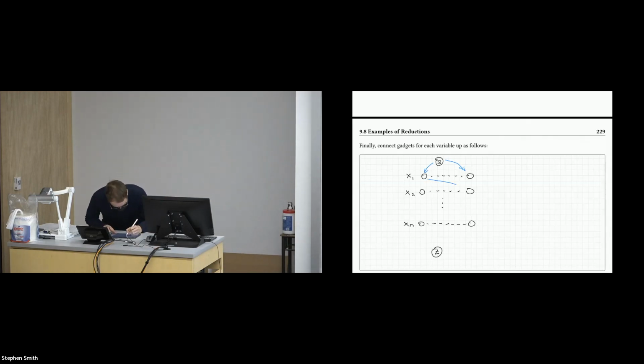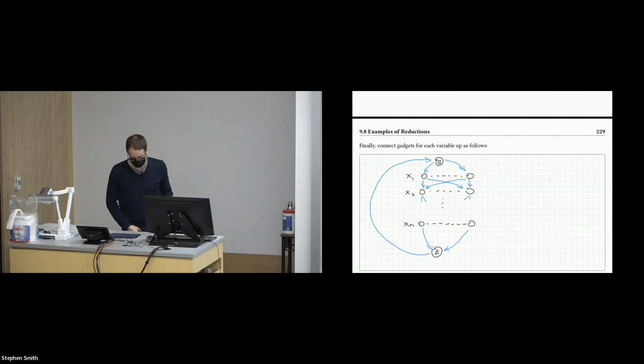So I need something that looks like this. I can go to there or to there. Like that. And then these leave, and from there I go into my endpoint T. And then I have one more edge that takes me from T back up to S.